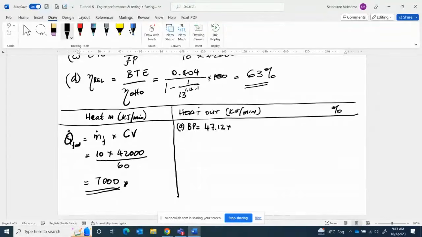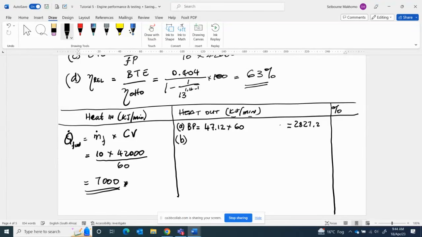Now we multiply by 60 to make it kilojoules per minute, and the answer is 2827.2. This is the amount of heat that was converted into work.